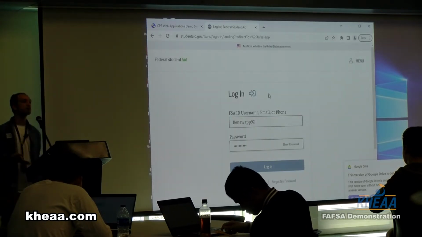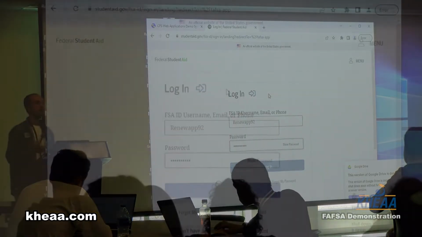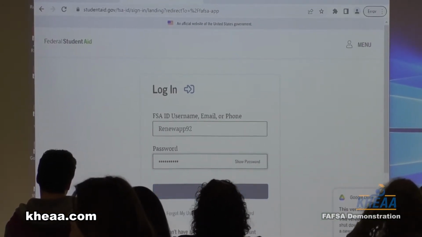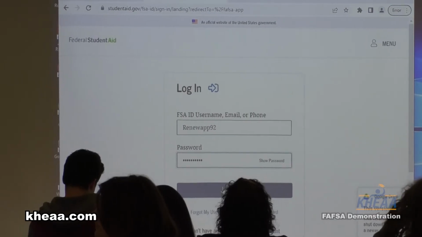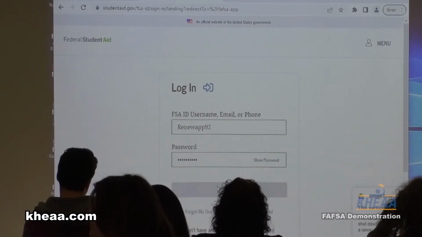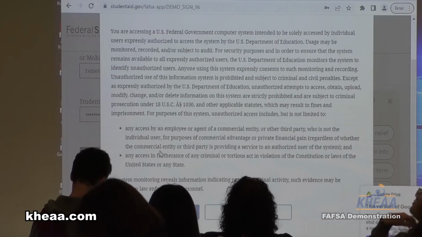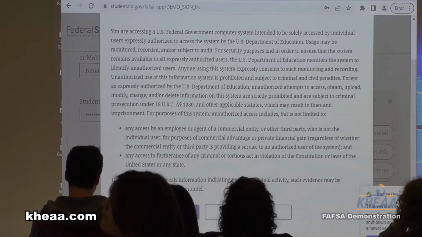Once you have created your FAFSA ID, you will sign on to the FAFSA form, okay? This is what it will look like when you're logging into the FAFSA form. For my purposes, I'm using a demo account. When you get your login information on there, you'll just press Accept.